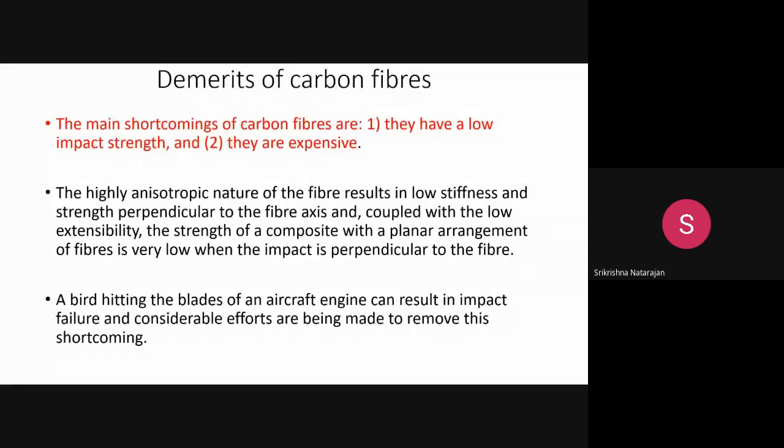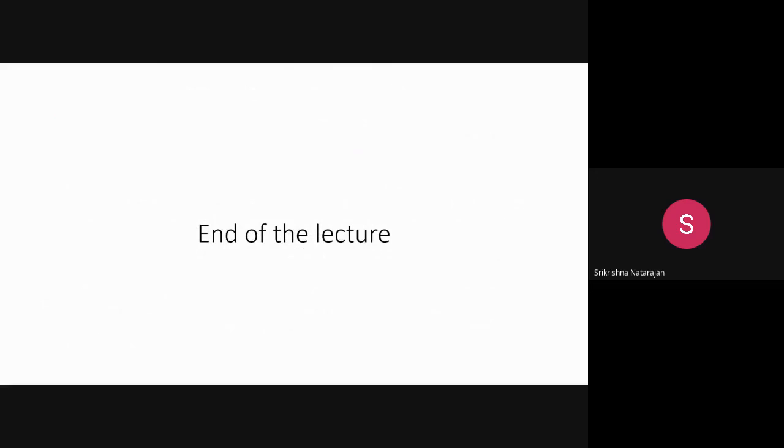Okay, so that's all about the carbon fibers. In this lecture, we have seen the introduction to carbon fibers, what carbon fibers are, what the precursors used for carbon fibers are, and we have discussed the PAN fibers, which is the commercially used raw material, how it is manufactured, the oxidative stabilization, carbonization, and graphitization steps, how each step is different and how it leads to the perfect carbon ordered fiber.